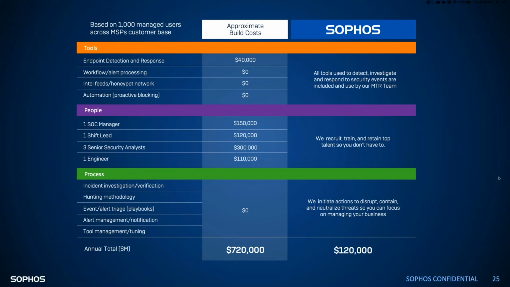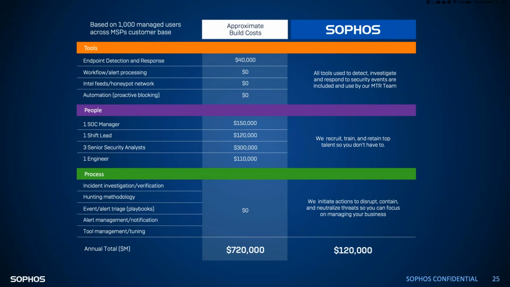And with EDR, you have to remember that there's a ton of storage required for the threats and logs and so forth. And then there's the human element, the people that are going to be required. So you take the difference between the EDR SKU and the MTR SKU, which I believe was about $6.